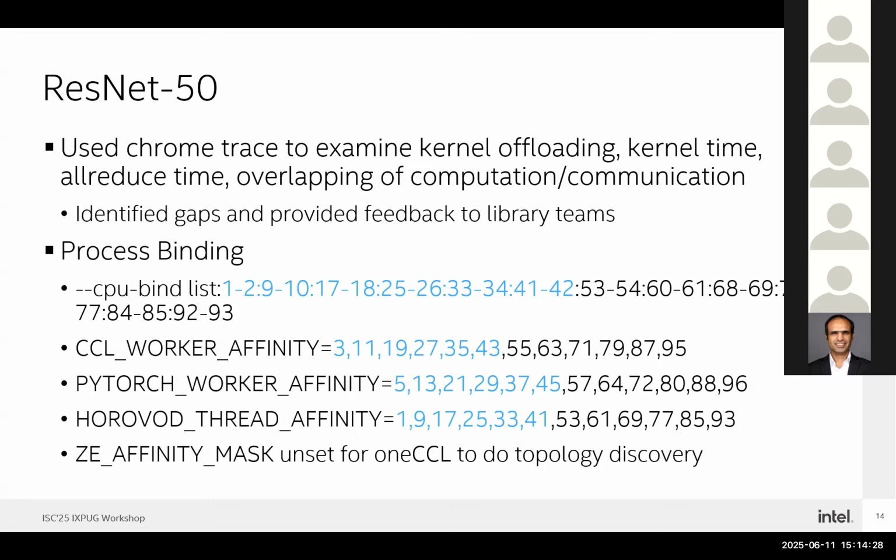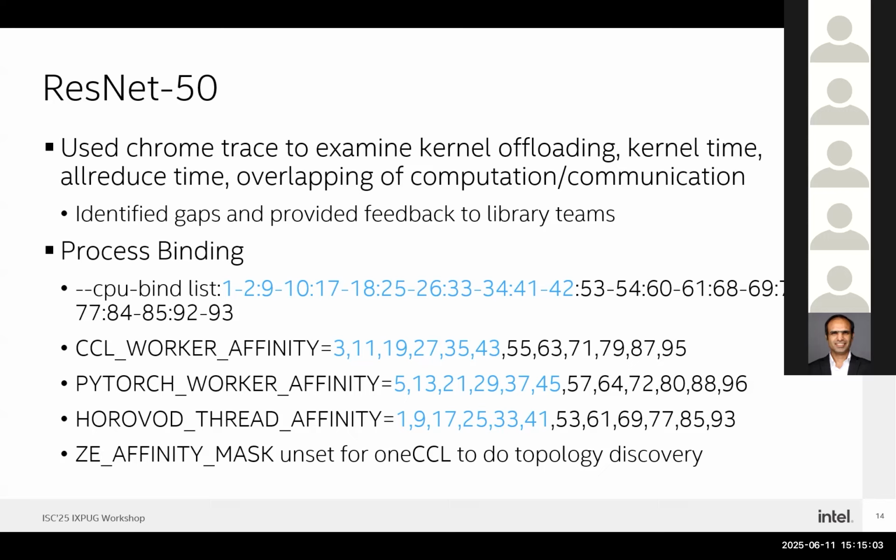And actually there are more mappings than just the main application processes. The communication library spawns its own thread, so we use another core for each rank for CCL. PyTorch spawns its own worker thread, and that uses another core. And Horovod also has a thread, but interestingly, it likes to share that core with the main process.